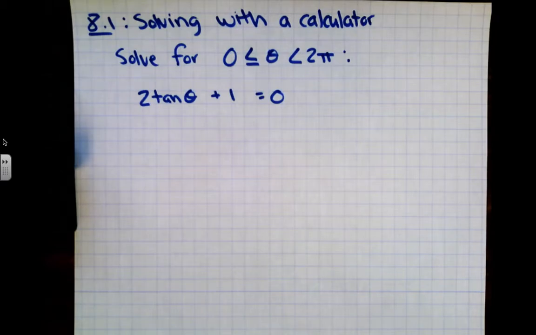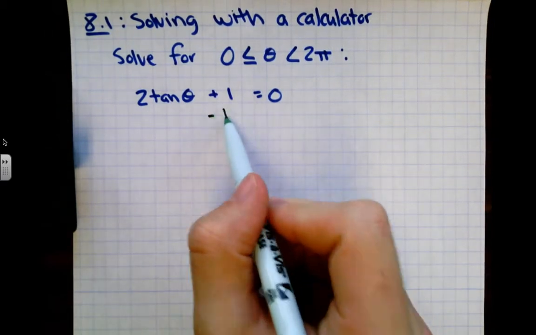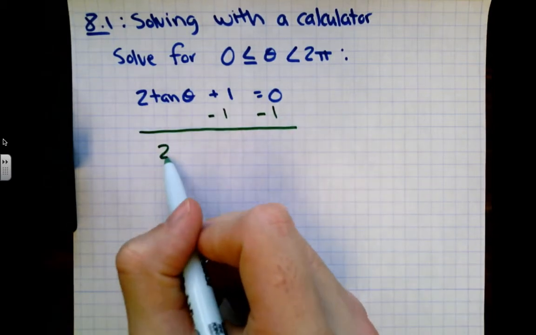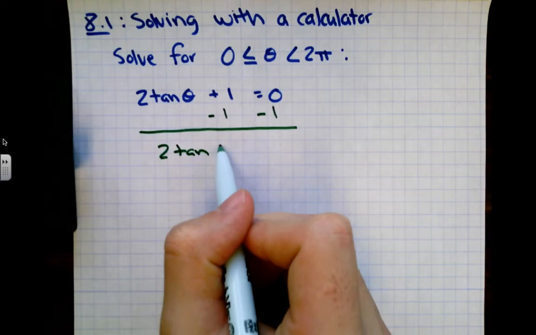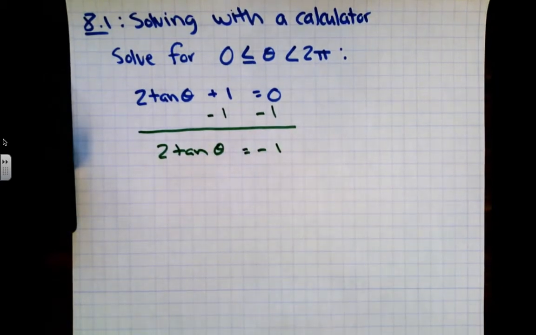So when I go through and I solve these, what I really want to do is isolate my variable, just like I've done in Algebra 2, Algebra 1, and even prior to that. So when I go through and do that, I'm going to work from the outside in, in an attempt to isolate theta. The first thing I can do is subtract 1 from each side, because that's going to give me 2 times tangent of theta on the left and negative 1 on the right-hand side.